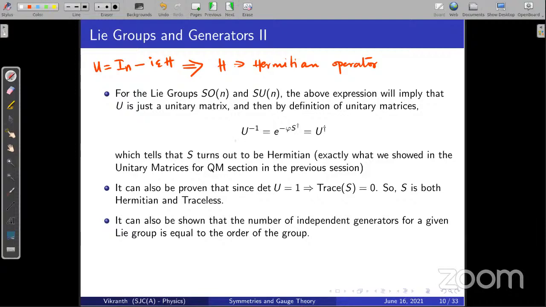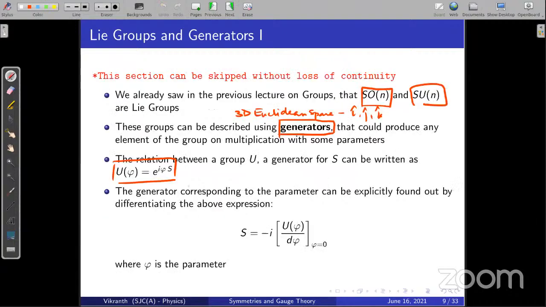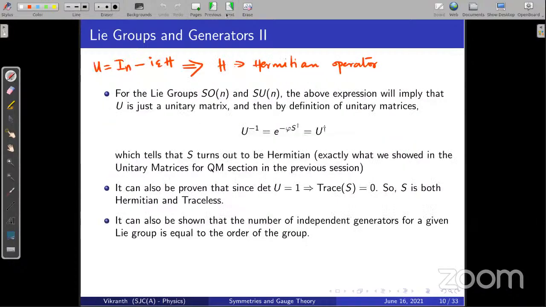This is a proof that we did yesterday, and we are using that fact here, and the representation we did here with this boxed equation. We can also prove that whatever your operator is, in this case, instead of H, we have S. It's just notation again. So S is also a Hermitian operator, which I have mentioned over here. S turns out to be Hermitian, which we showed in a previous section.